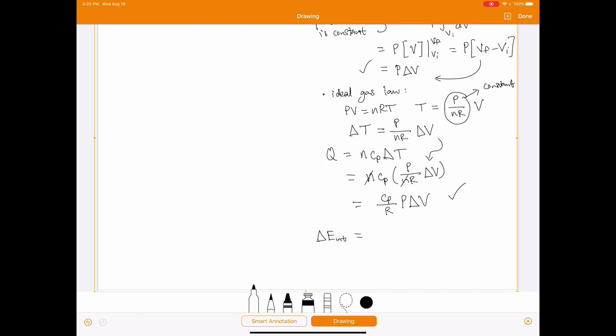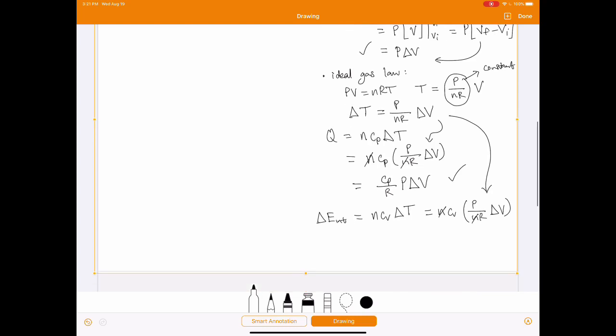Regardless of what type of process we're dealing with, we can always write this as n times Cv times delta T. We're going to make that same substitution that we just made for delta T. We have n Cv times P over nR delta V. Just like before, n is going to cancel, and we'll be left with Cv divided by R times P times delta V. So what have we just done?